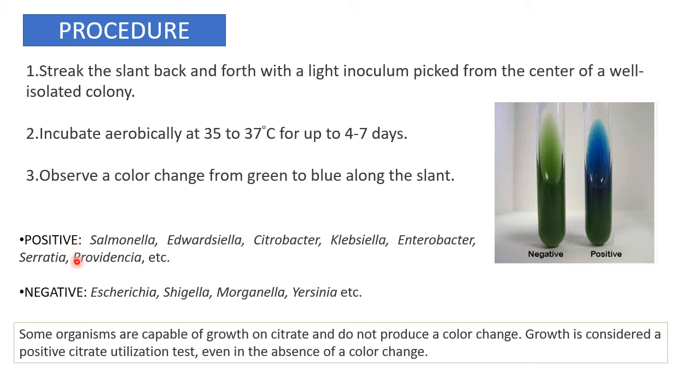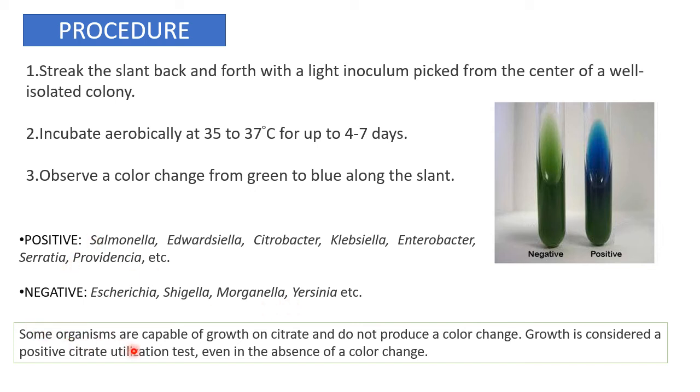Some examples here. These are some known bacterial cultures which show a positive citrate test: Salmonella, Edwardsiella, Citrobacter, Klebsiella, Enterobacter, Serratia, and Providencia. A negative citrate test is shown by Escherichia, Shigella, Morganella, and Yersinia. Try to remember at least two examples.